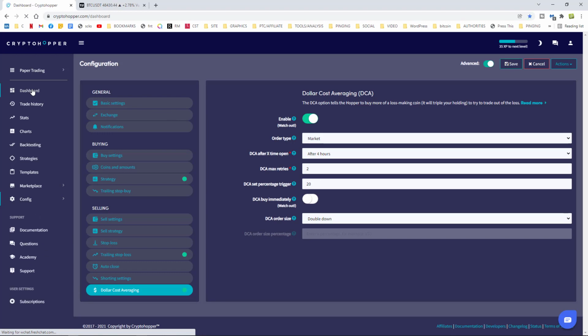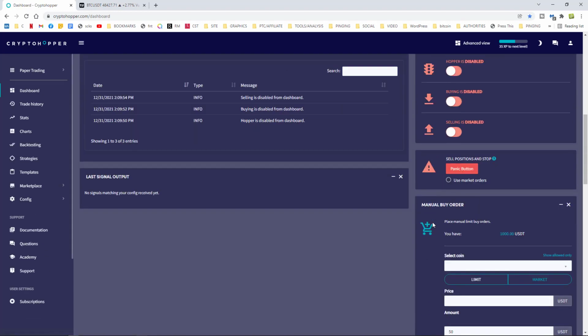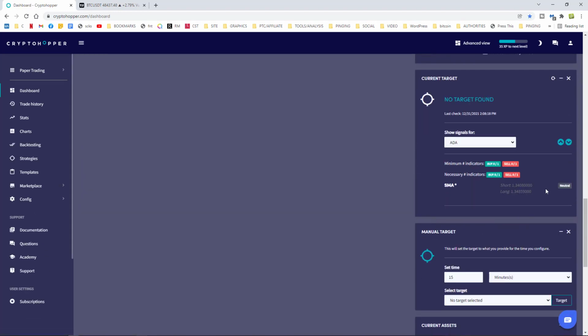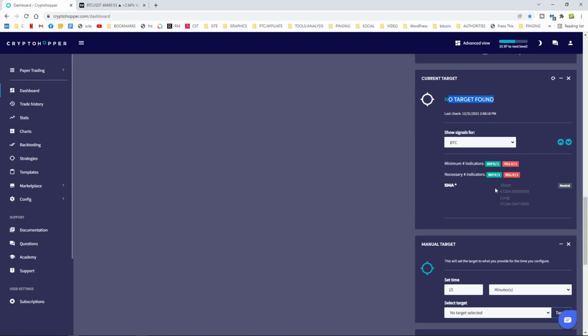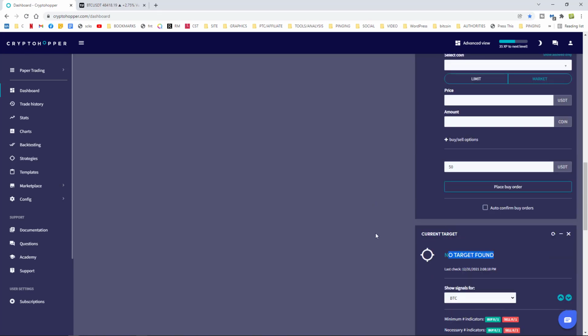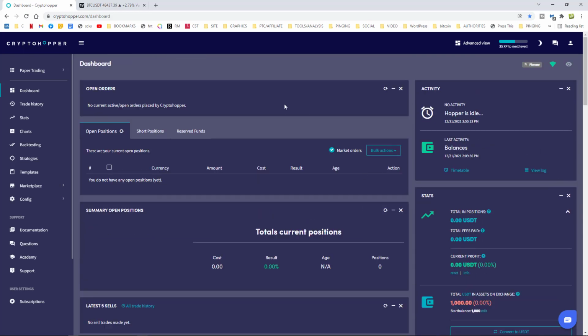Let me go back to here. It's going to wait for these targets, another Bitcoin signal comes, providing that you are 4 hours after 20% under has been reached. Does that make sense?